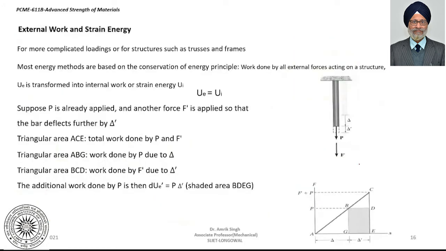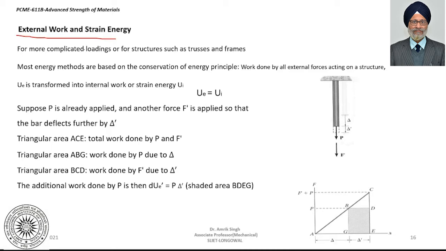Now, suppose a bar is there, and this concept we understand when we discuss Castigliano's theorem. There, this concept will be used. So I am explaining the phenomena here. So what is the external work and the strain energy?